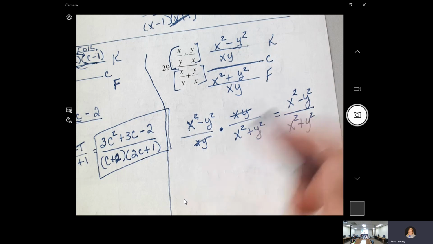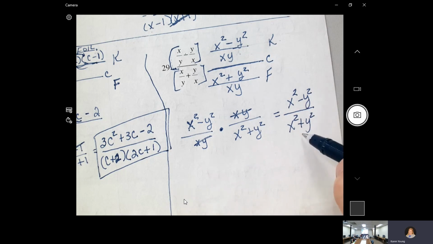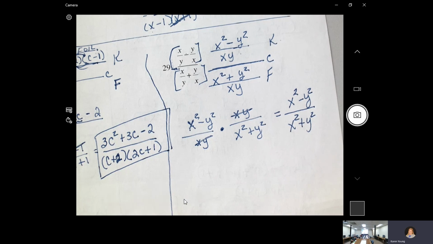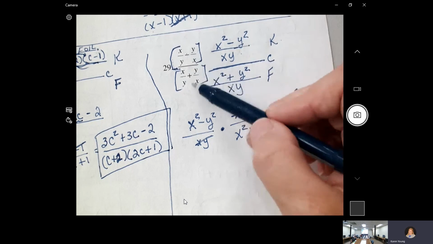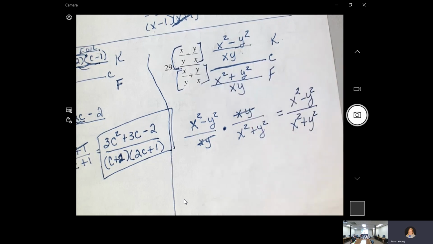But since I have a plus and a minus, the signs in the middle have to be the same. If they were both x squared minus y squared, then yeah, they would cancel. If this had been plus and this had been plus, it would already have been 1, because it would have been the same thing.